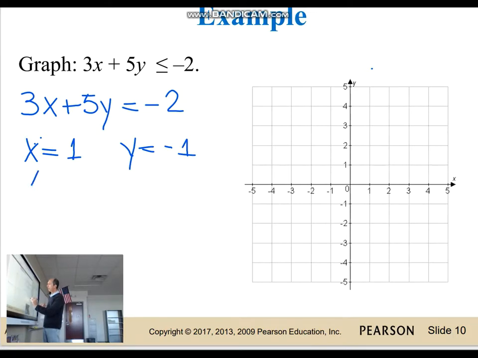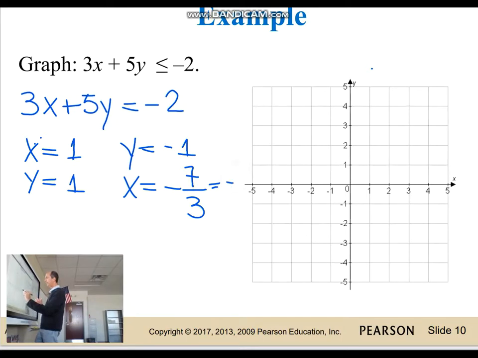And if we make y equals 1, we will have 3x and 5y go to the other side, -7y, x equals -7/3. Yeah, it's workable. We can work with this. -2.3 approximately.